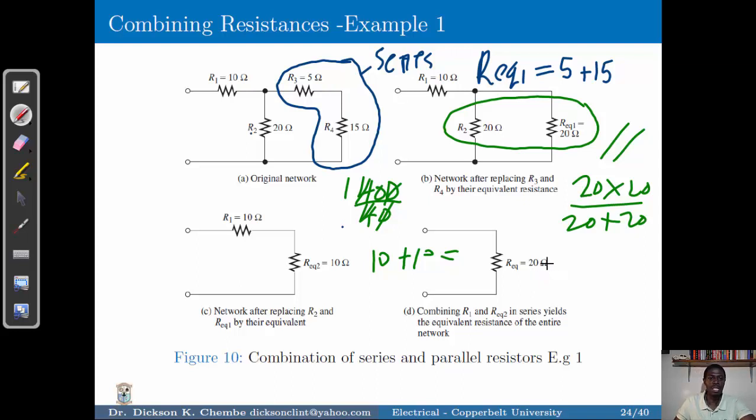And if we were to now find the total current given a voltage across these two terminals, we're able to determine that. So we've used a combination of both series and parallel methods to find the total resistance in this circuit.